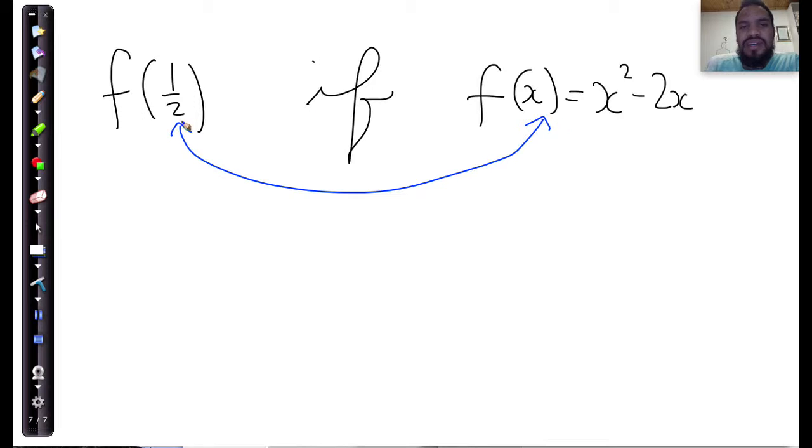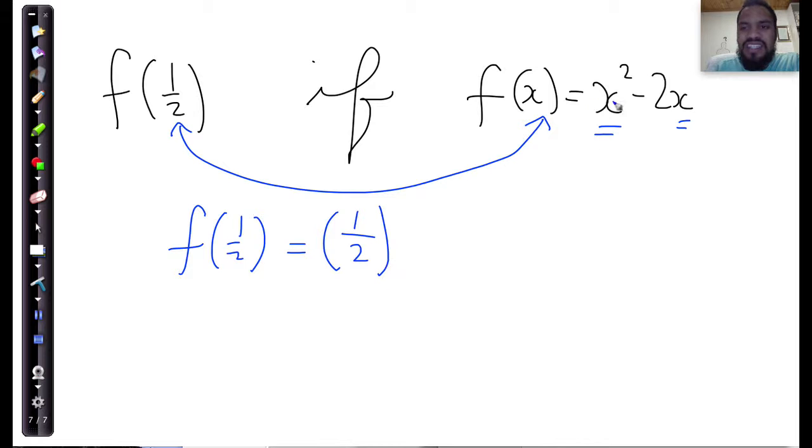And not just in f of x, I need to replace it in the actual expression itself. So f of a half is equal to, I'm going to substitute a half into x. Remember, the x is being replaced with a half. The square is still there, minus 2 multiplied by a half.